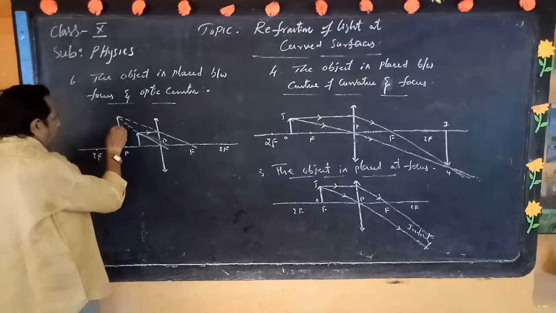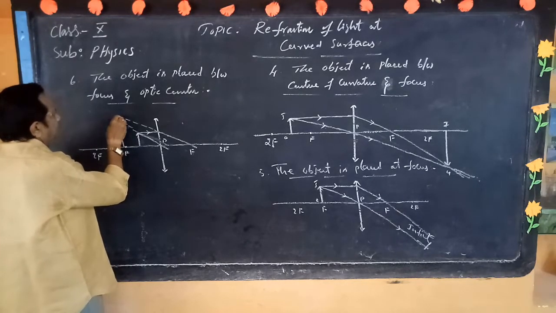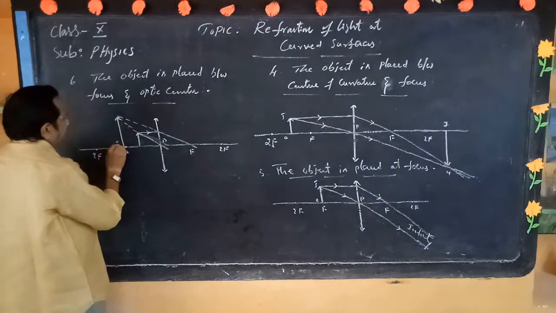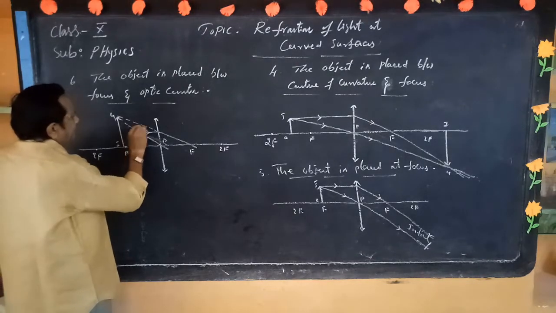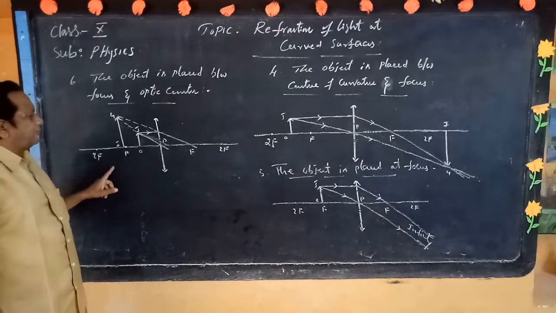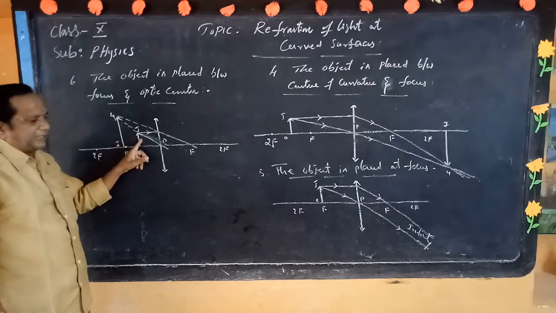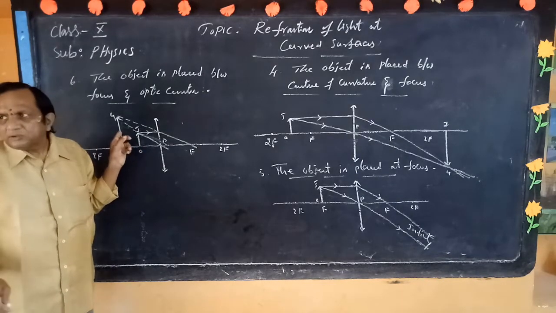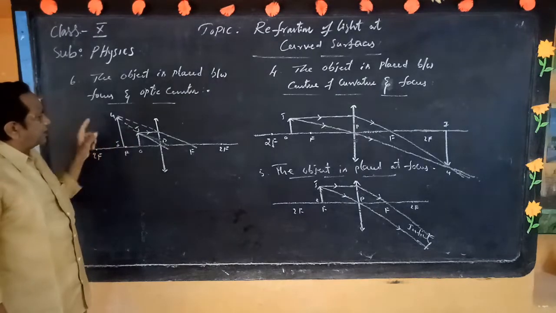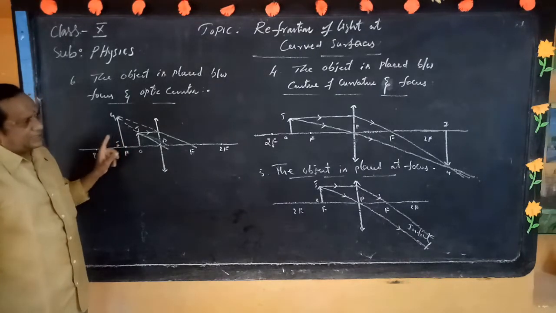So here the image will be formed on the same side of the object. It is larger than the object size. So the image will be of larger size than the object size in this condition also.